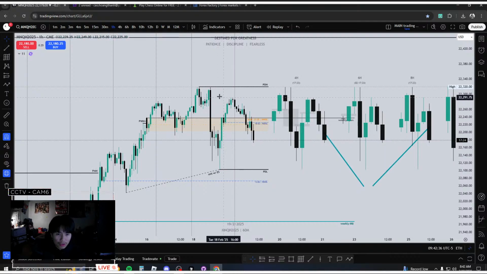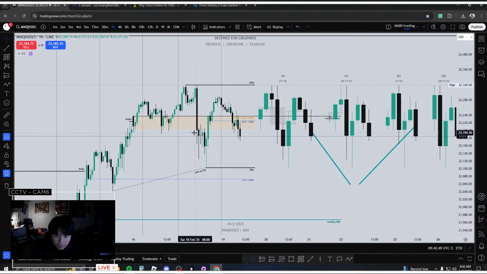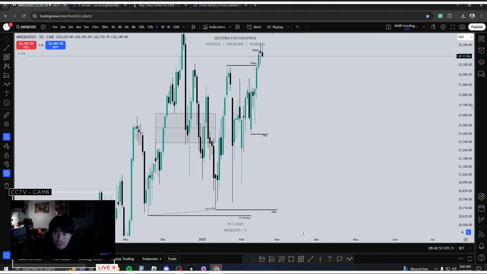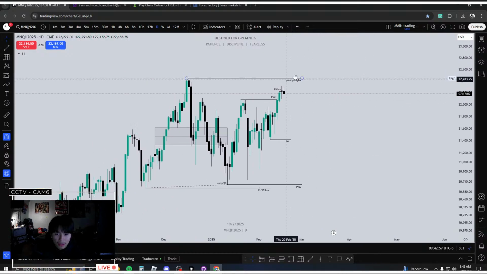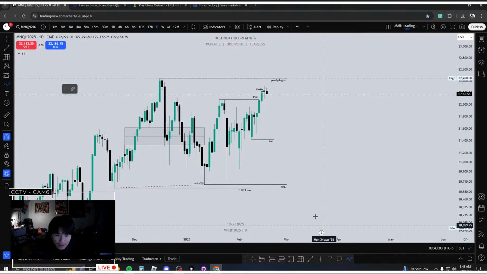We started to trade back inside the dealing range, and now we're trading between the weekly open. We traded up, down, up, down, up, down. Not really prime conditions, but the yearly high is still very much the target here.